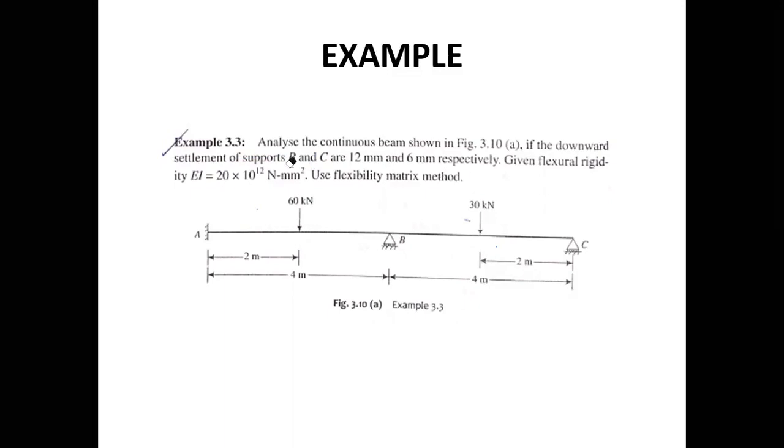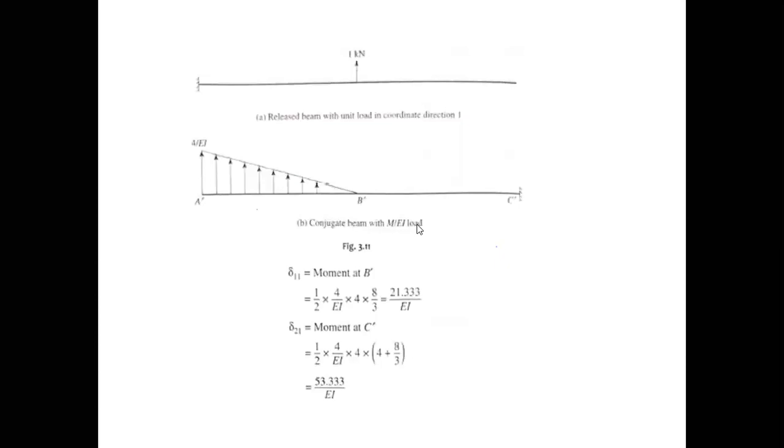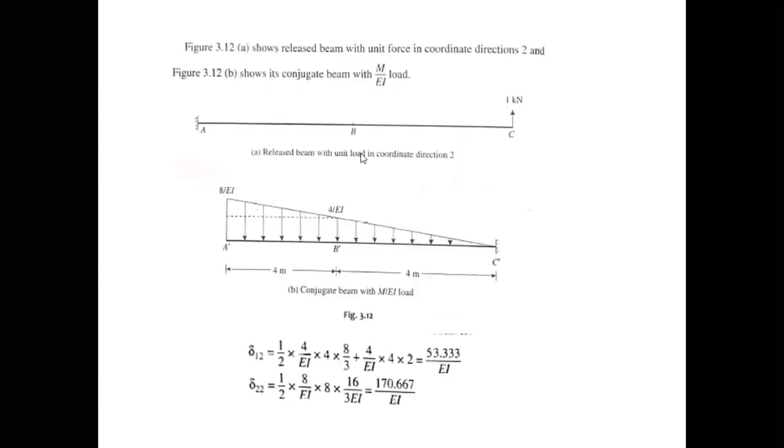So we can simply conclude that the final delta matrix will have these two coordinate components, minus 0.012 and minus 0.006. That was in mm, so we have converted it to meters, and the minus sign simply shows the settlement is in the downward direction.